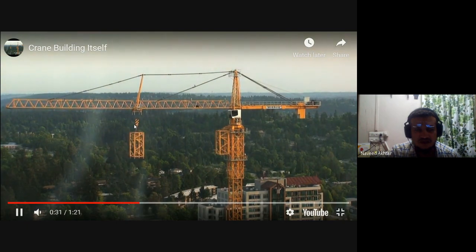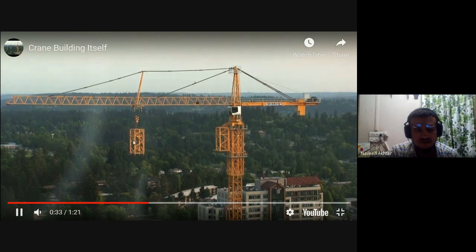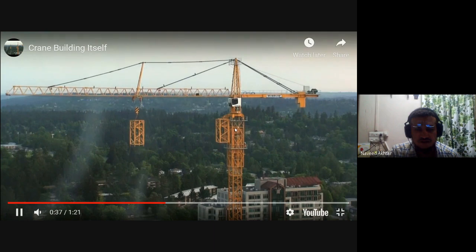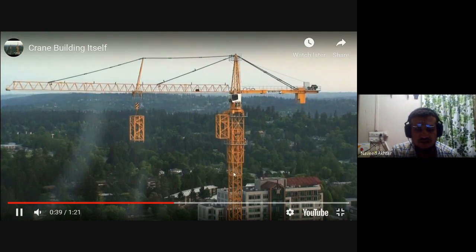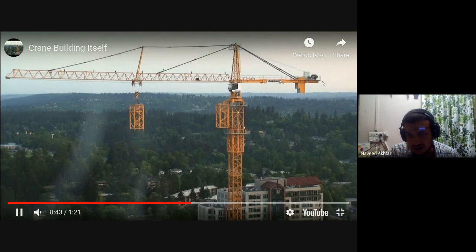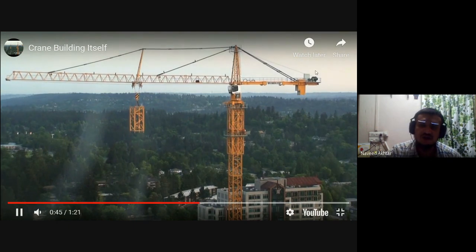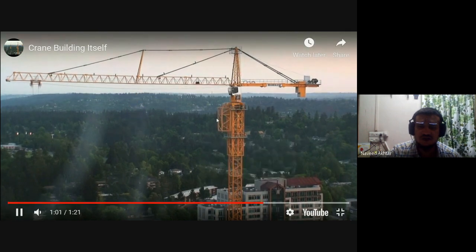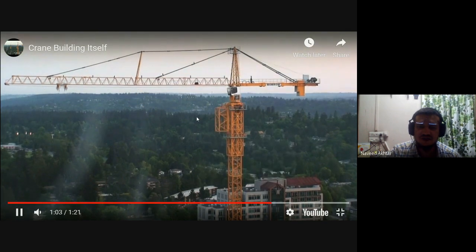When we lift another one, the crane is lifted and going up, and simultaneously the installation is going on. Here you can see on the right side the counterweight is there, and the weight is lifted by the truss of the crane. So the crane is the example of equilibrium.